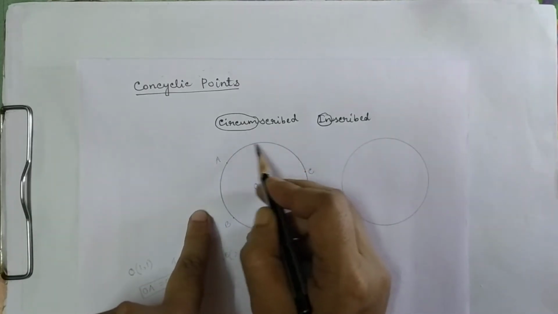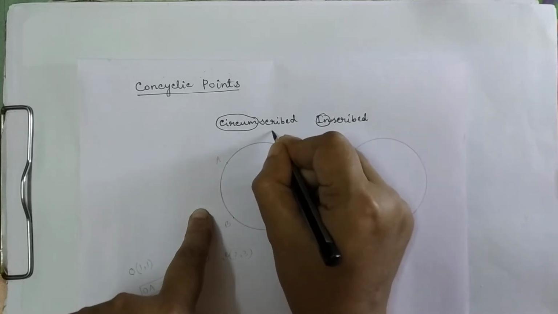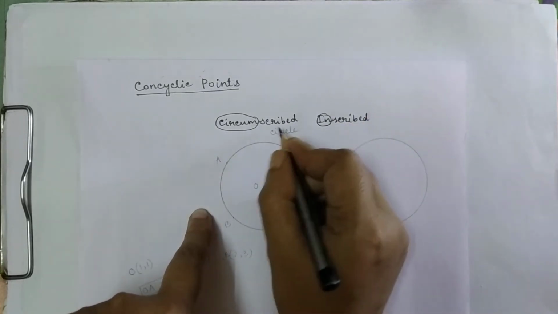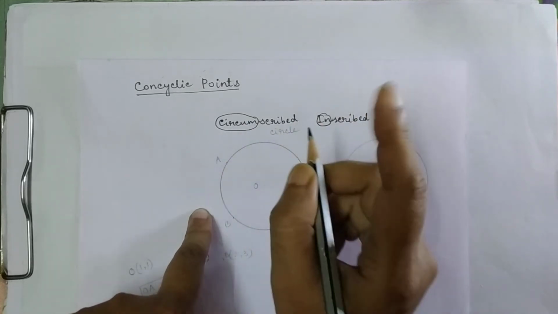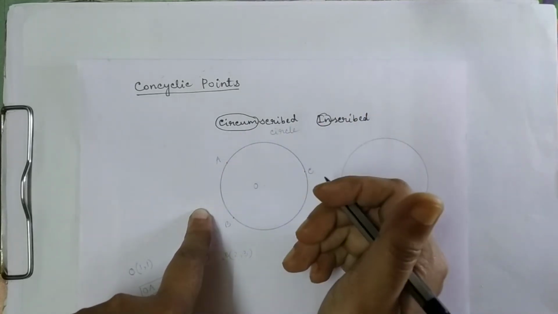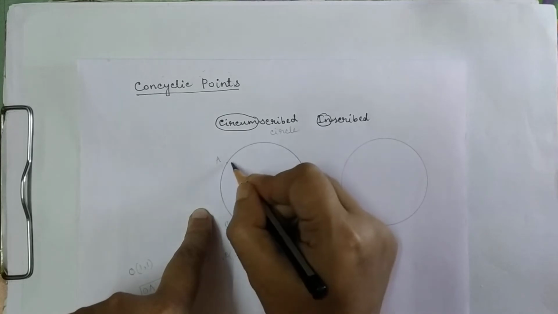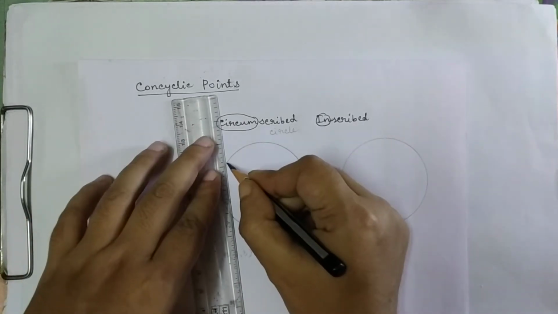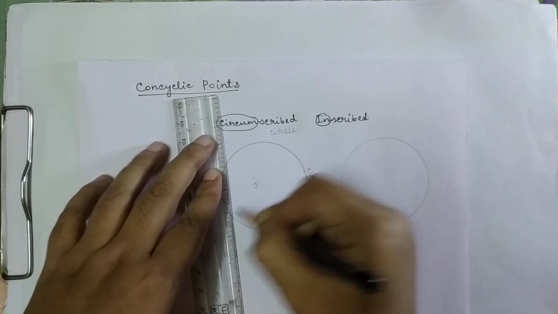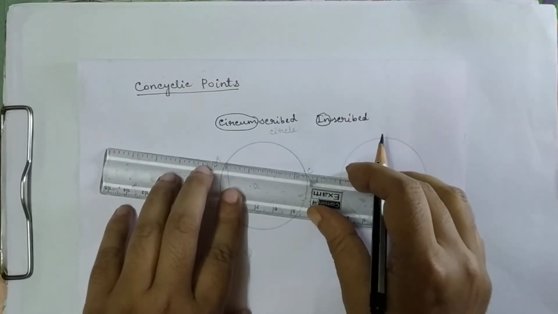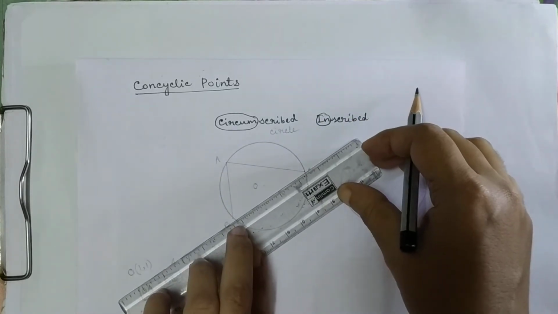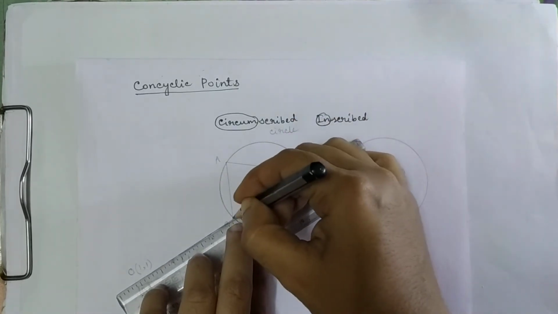Now if I talk about a circumscribed circle, the circle will be outside and some other figure will be inside. How will it be? Suppose I join these 3 points A, B and C, then we get the triangle ABC inside the circle, correct?